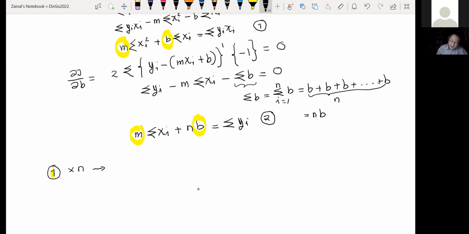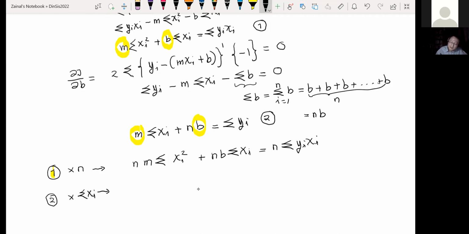Then you have n multiplied by m sigma xi squared plus n multiplied by b sigma xi is equal to n sigma yi xi. And equation 2, to make nb the same as that one, you multiply with sigma xi.